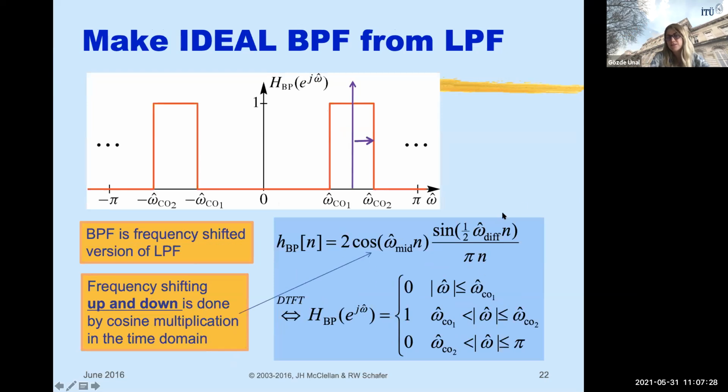Then its time domain representation is a sinc multiplied by 2 cosine, because remember, sinc in time domain is a low pass filter. I want to shift it to plus minus 2 different frequencies, and I would have to multiply by a cosine to do that. So frequency shifting up and down is done by cosine multiplication in time domain. You see, now I have form of a band pass filter in the time domain too.